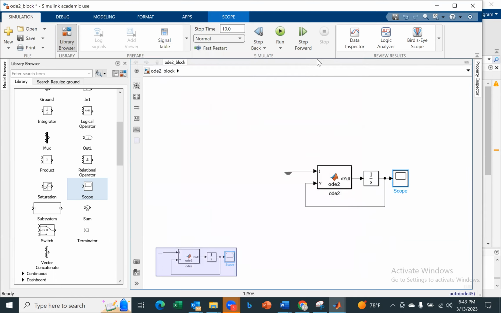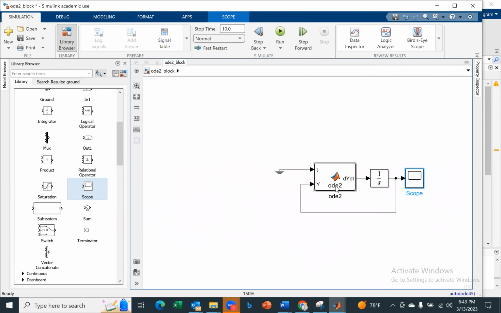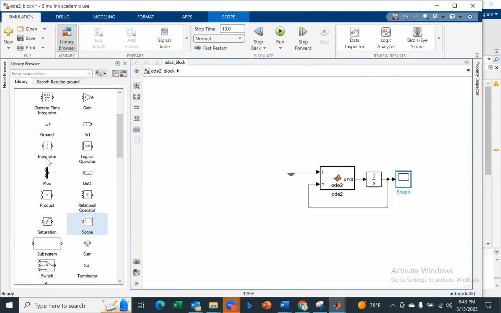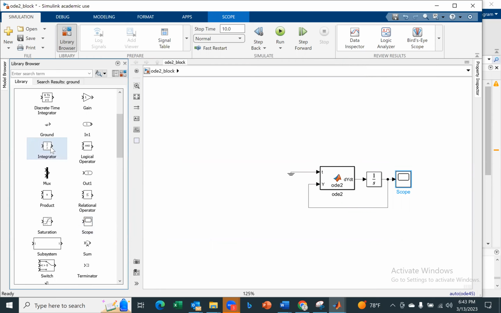Thank you. So this is the function. Then I added the integrator block from here. Go to Simulink, commonly used functions, drag and drop integrator. Then you need to specify the initial conditions.